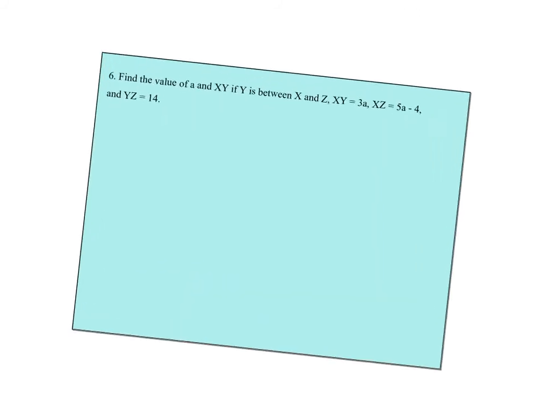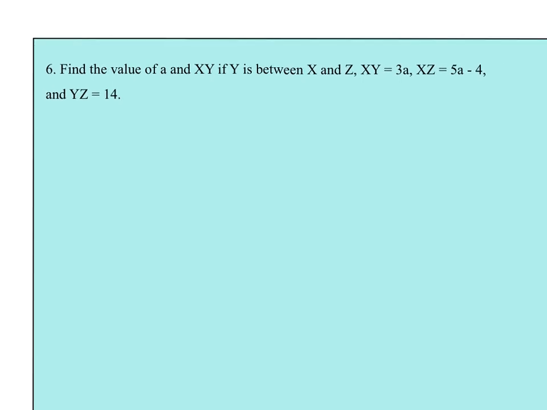So now let's look at another one. Find the value of A and XY. Y is between X and Z. Nobody's saying it's exactly in the middle. Here's X, here's Z, and Y is somewhere in between.